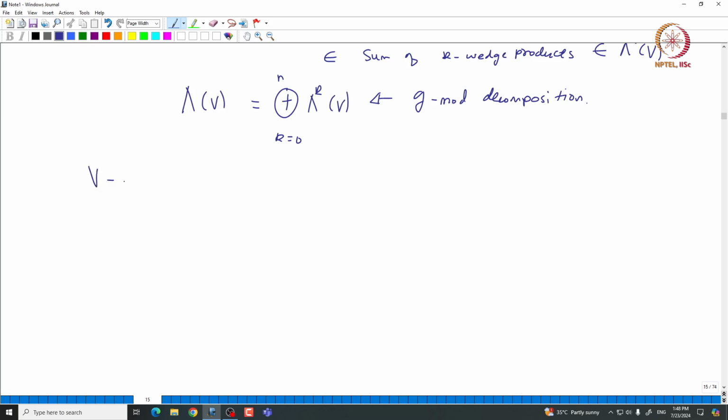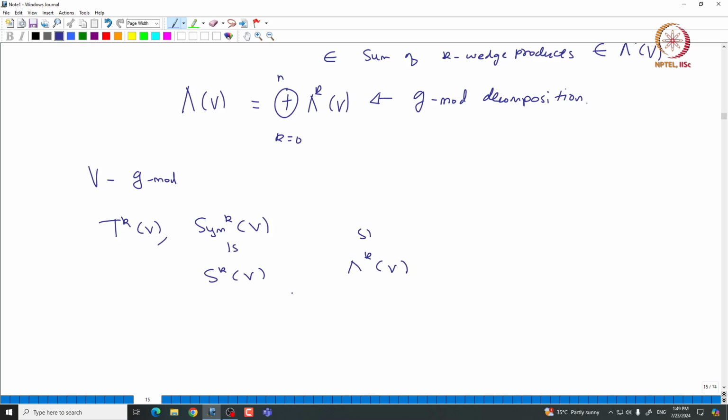If we start with a G module V, then we have the tensors, we have the symmetric tensors, and we have these exteriors, which is isomorphic to S^k of V, and then we also have this lambda^k of V.